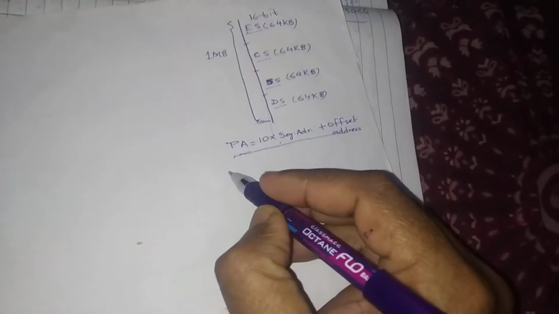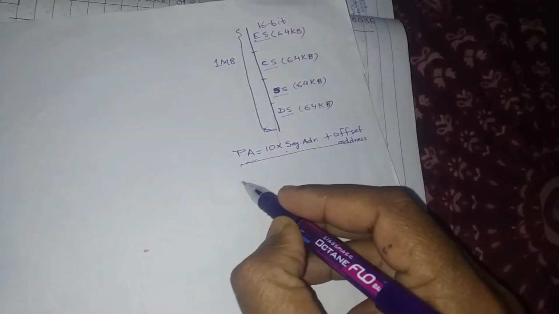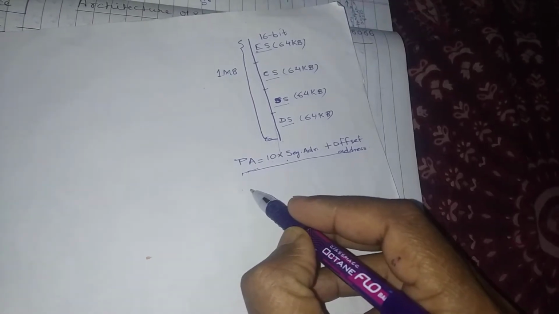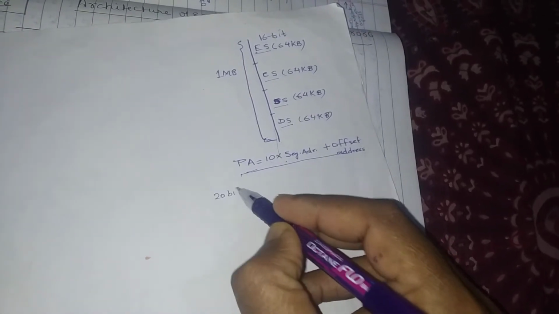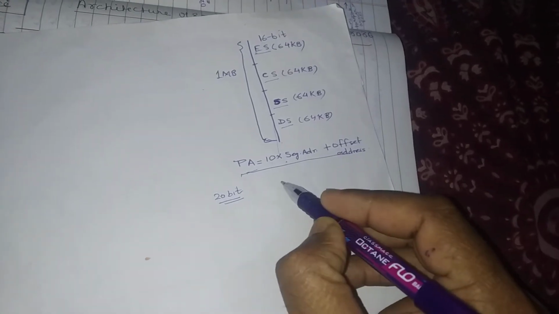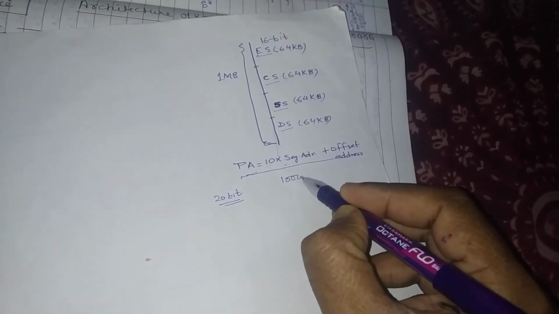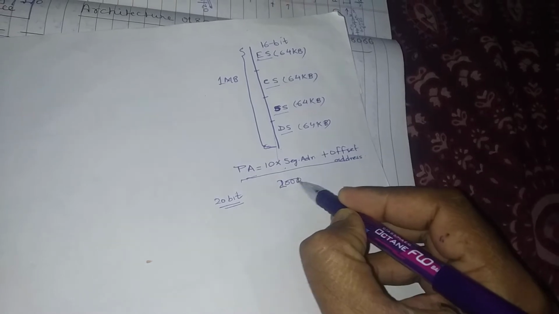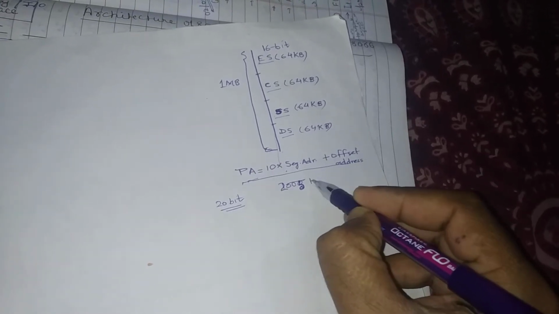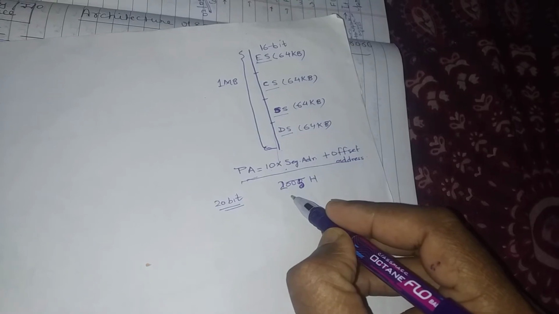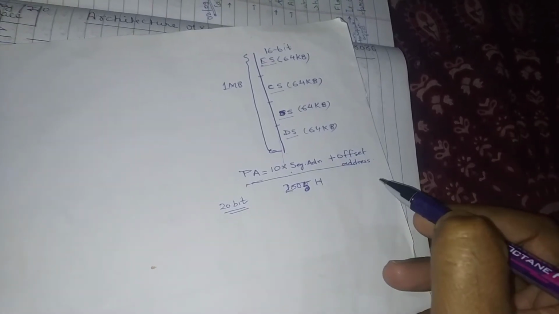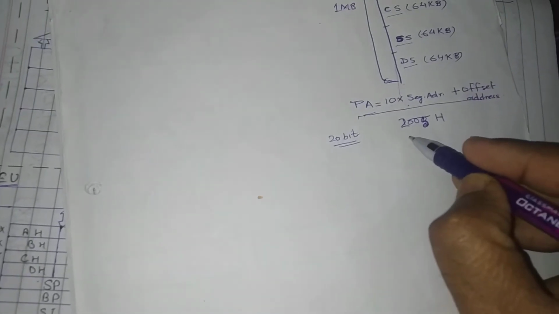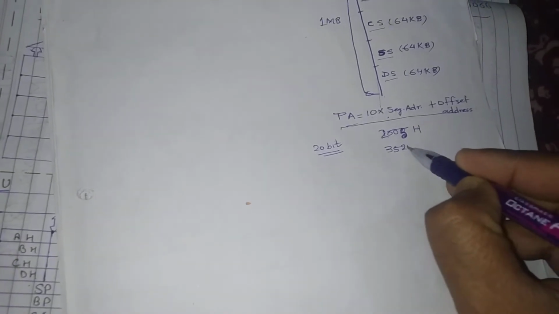So suppose we have to calculate the physical address of a memory location, which is 20 bits. Suppose the content of the segment register is 2005H, and the offset address, which is also 16 bits and located in any register of the execution unit, is 3520H. So now what is the physical address?